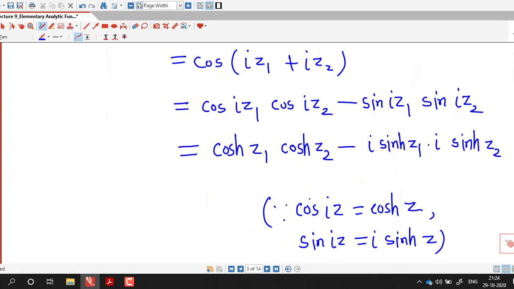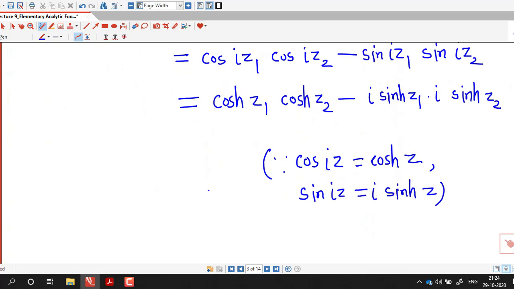So using these two properties, this gives us cos hyperbolic z1 into cos hyperbolic z2, and this is i into i, that is i square, which is minus 1, and minus 1 into minus 1 will be plus 1.